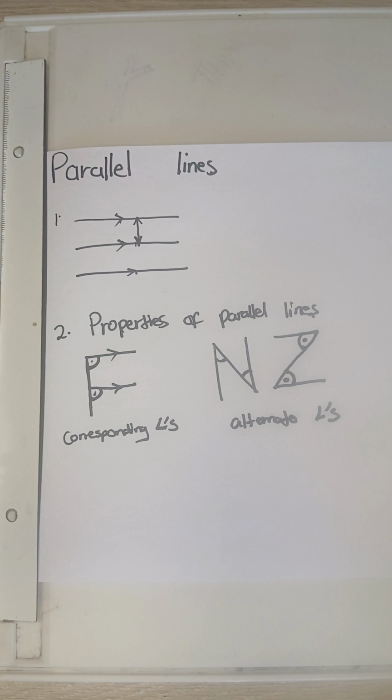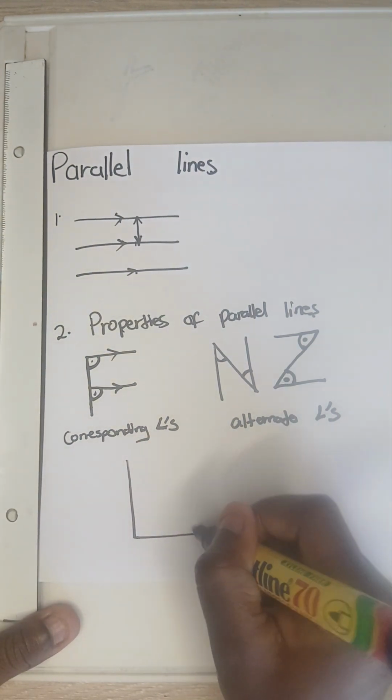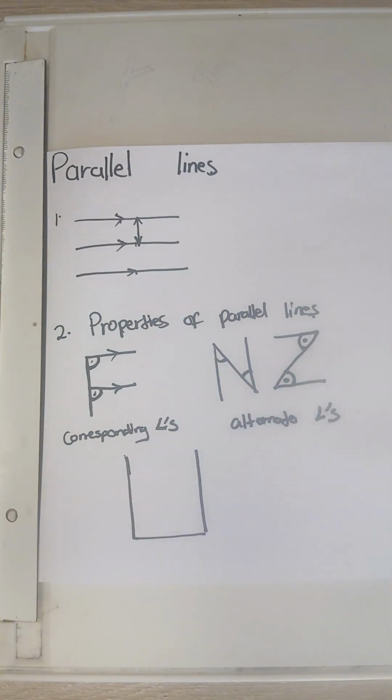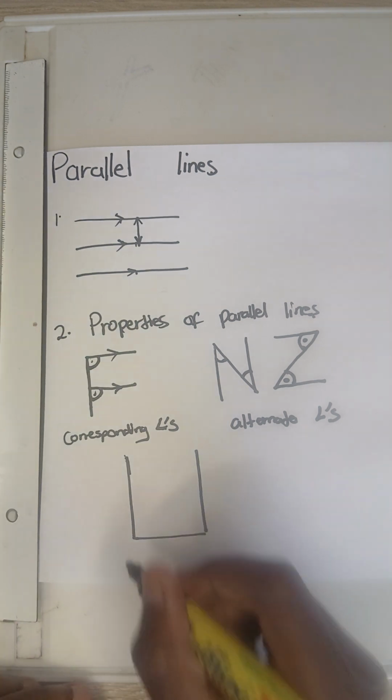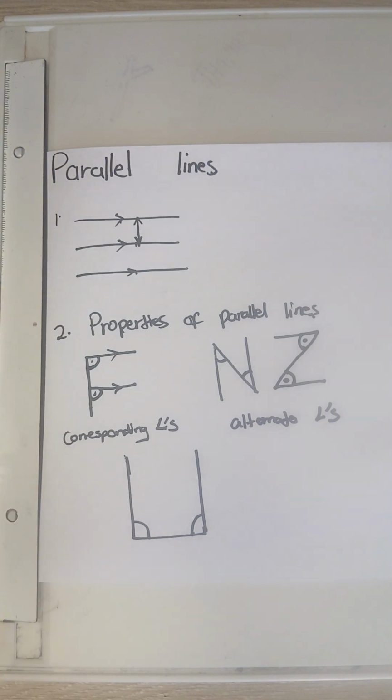Number 3, we have co-interior angles. I want you to listen to me very attentively. In co-interior angles, these 2 angles are not equal, but they add up to 180.